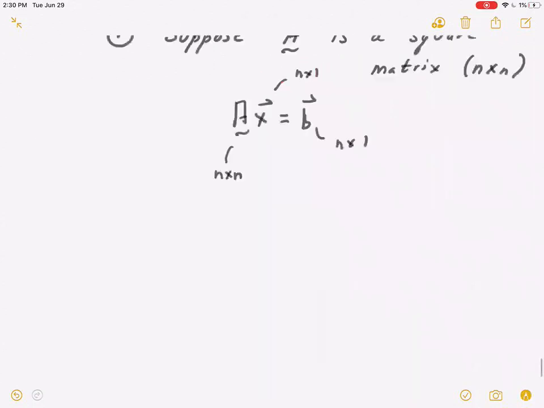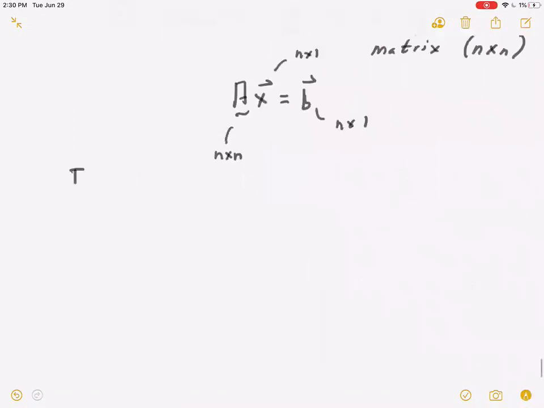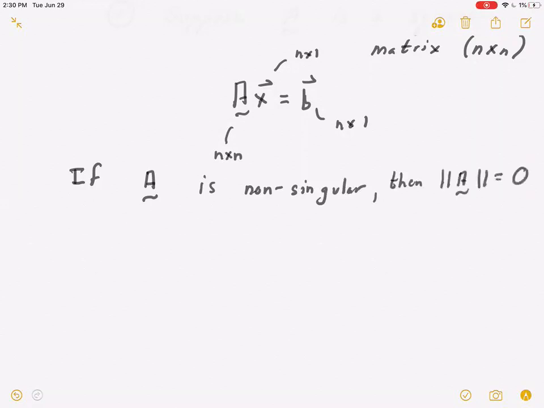And let us look at, in this first case study, the situation where A is a non-singular matrix, then by definition, that means its determinant is not 0. And it also means that A must have an inverse.